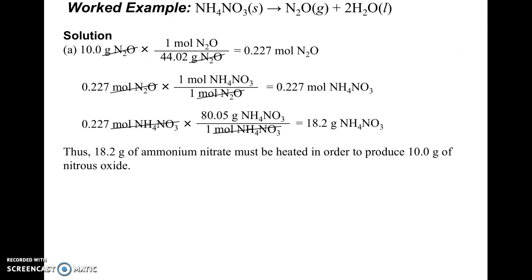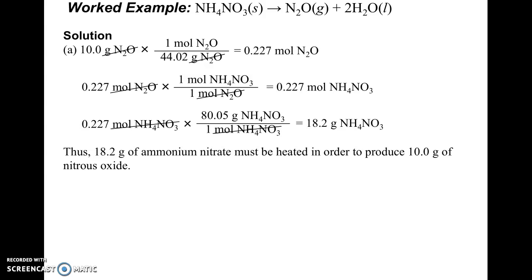So here's our very first question. We want to get 10 grams of N2O, and we convert that to moles by dividing by the molar mass.